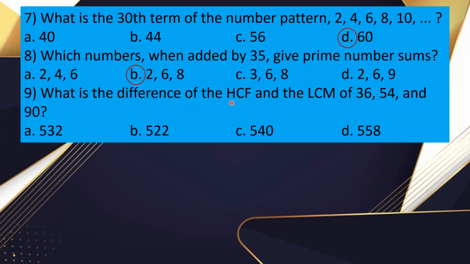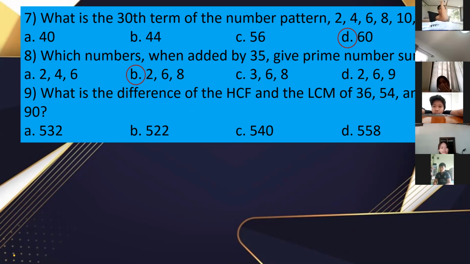So you find the highest common factor and the LCM of these three numbers, and then you are going to minus. Okay, take your time to do this.